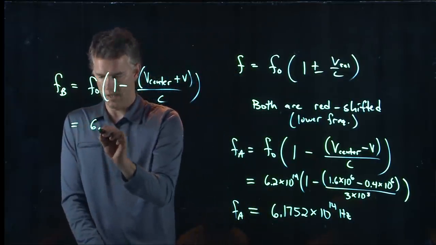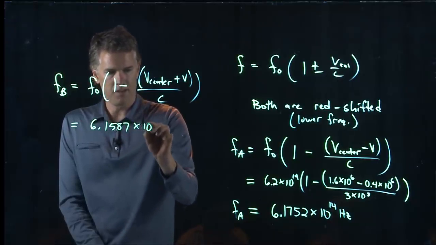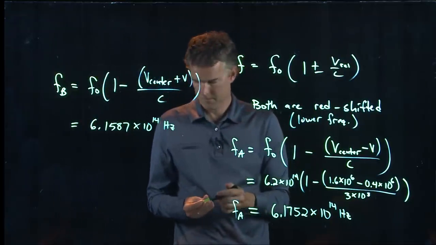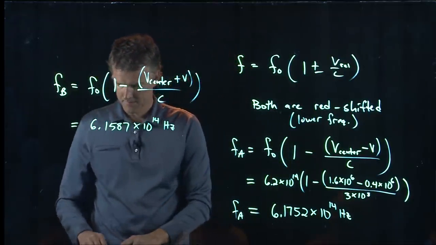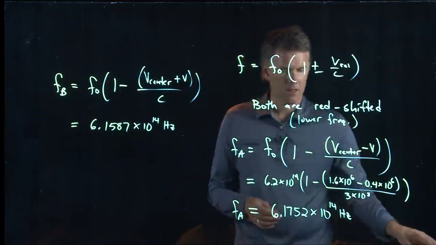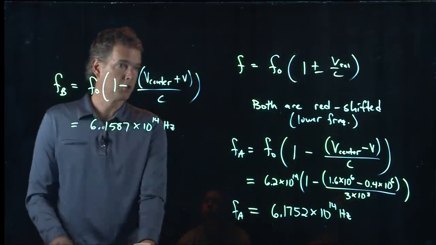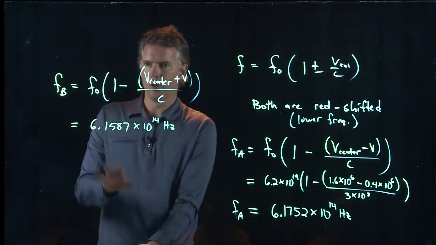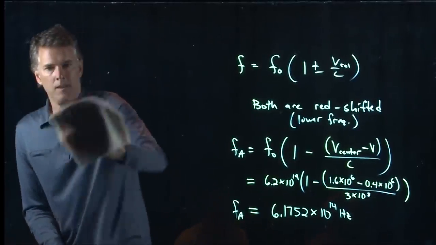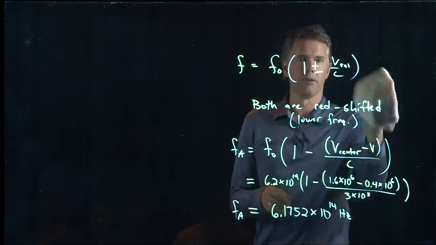And if you do that, you should get 6.1587 times 10 to the 14 hertz. Okay, so this is the Doppler shift. It's something that's not in your textbook chapter, but I think it's really important to understand what's happening in our universe, especially since this has such an impact in astronomy.